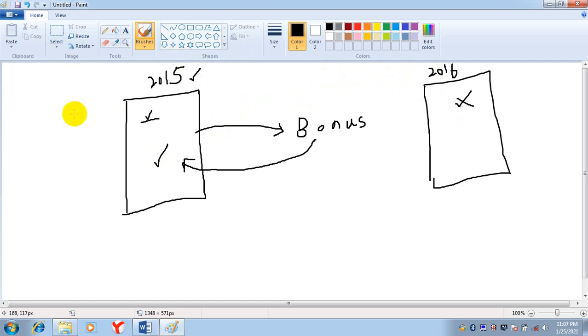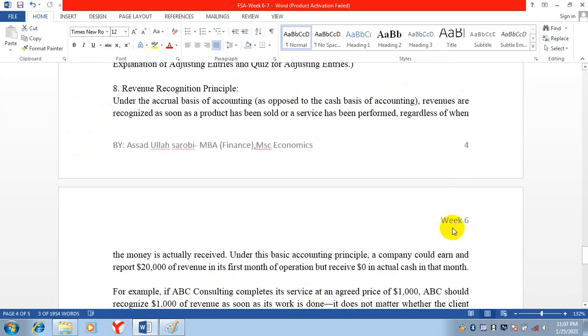Revenues of 2015 will be matched with the expenses of the same year, 2015. You cannot transfer revenue of one accounting period to the other. You cannot transfer the expenses of one accounting period to the other. This is called the matching concept.